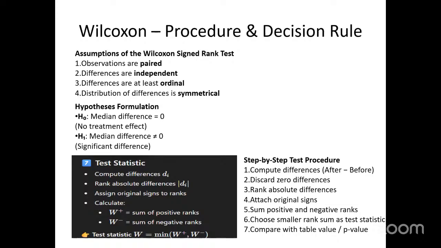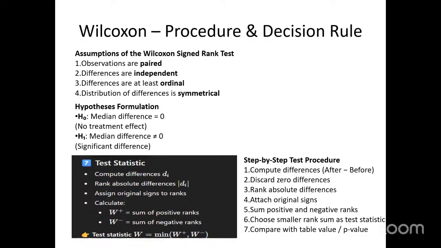Like in the previous example of sleeping time, the previous result and post result, we are dealing with the differences, that is d_i. Assign the ordinal signs to the ranks. W plus is the sum of the positive ranks, and W minus is the sum of the negative ranks. As previously, we will be dealing with the minimum of W plus and W minus.